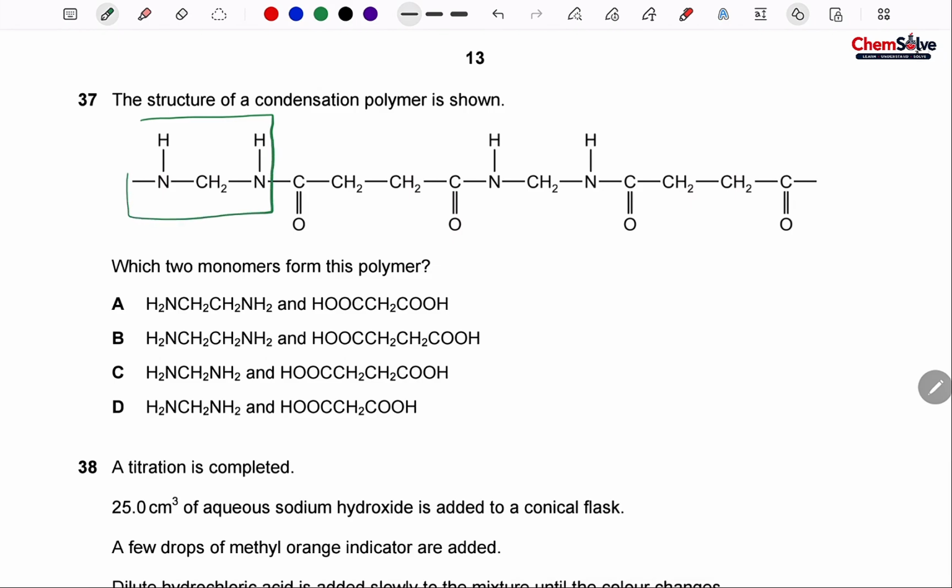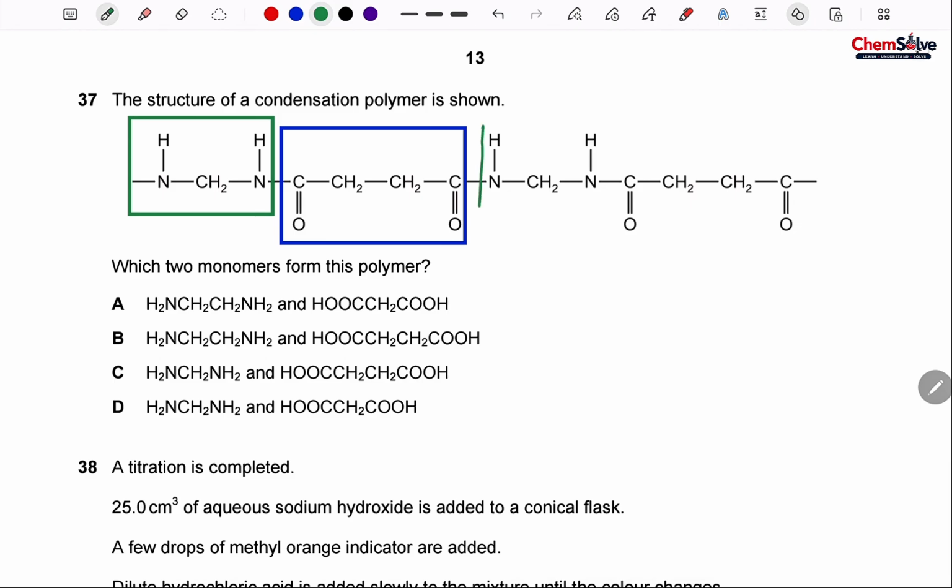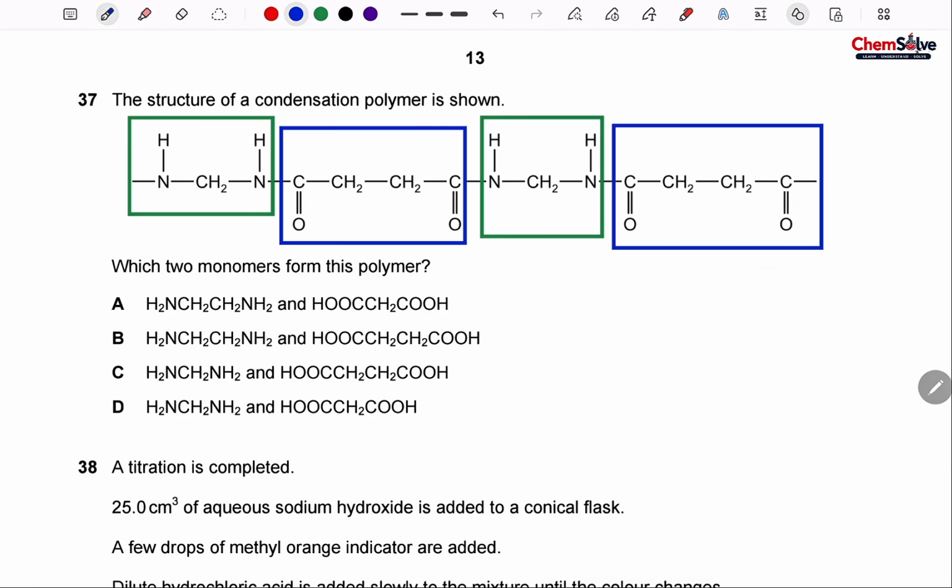All right, and this is of course our next repeating unit, and the first is again this one, and the second is again this one.